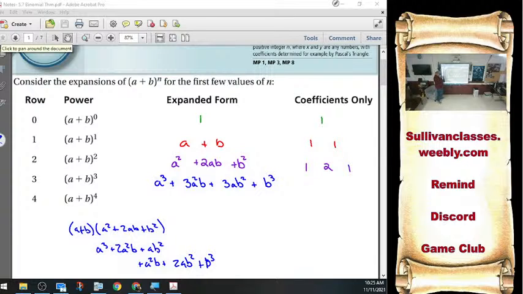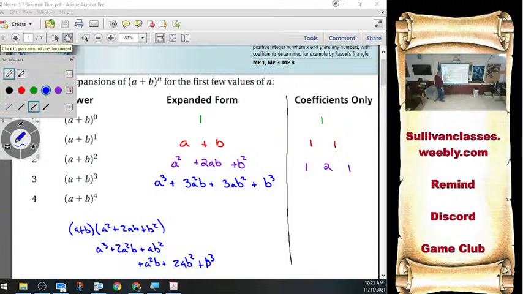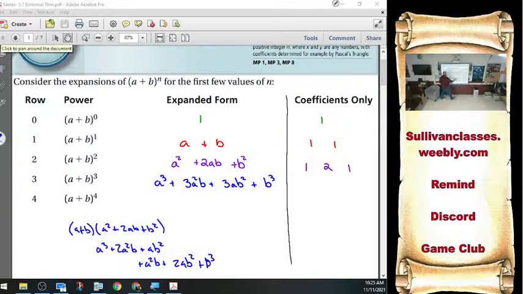If I only look at my coefficients, they are 1, 3, 3, 1.